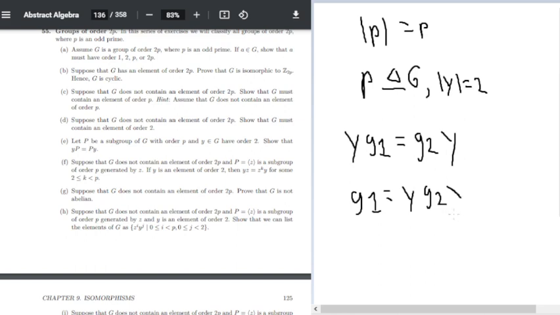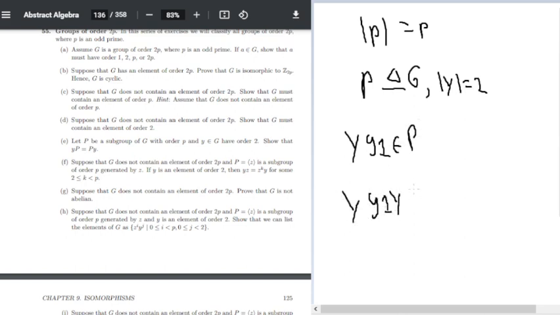So suppose that y g1 is in P. We need to show that y g1 y is in P. So y g1 y, well, obviously y g1 squared is not equal to 0.